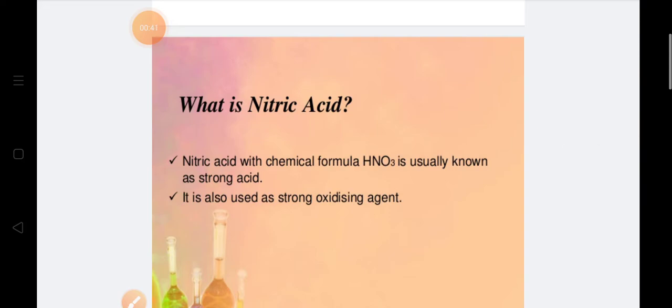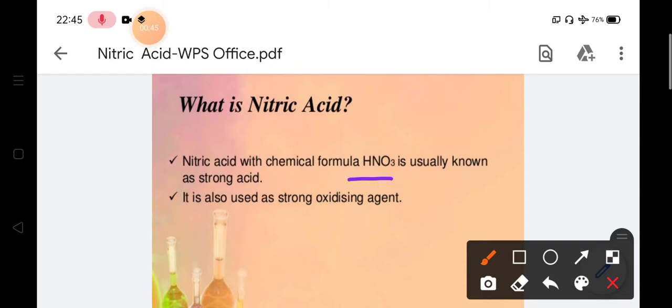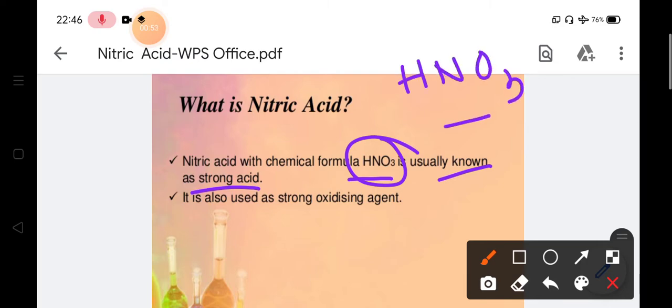So what is nitric acid? Nitric acid, with the chemical formula HNO3, is usually known as a strong acid. As you know, the chemical formula of nitric acid is HNO3, and it acts as a strong oxidizing agent as well.